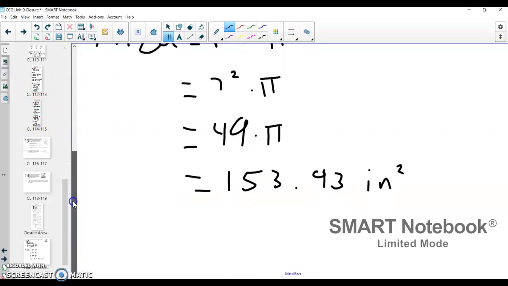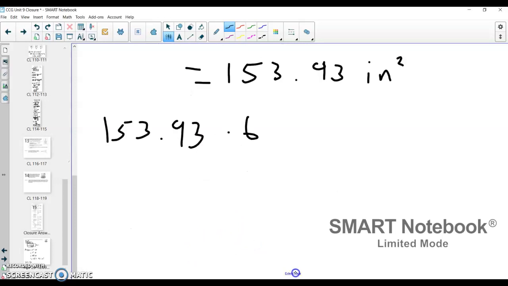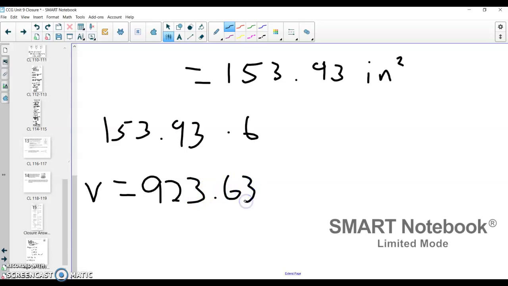And so I'm going to take my 153.93 and multiply that by 6. And that's going to give me the volume of this whole shape, which is then equal to 923.63 inches cubed.